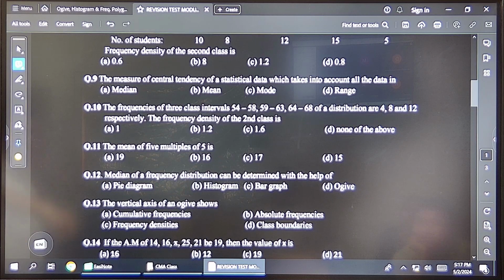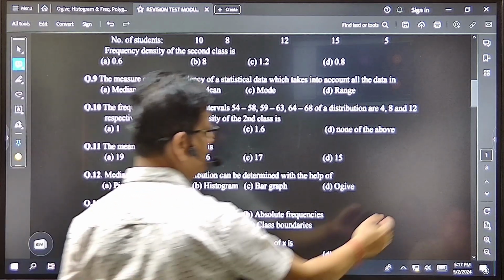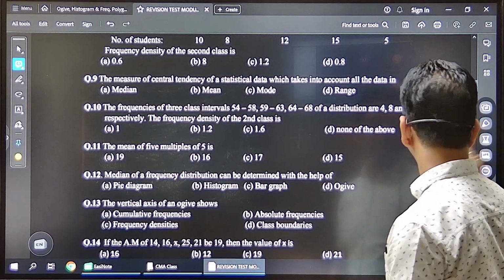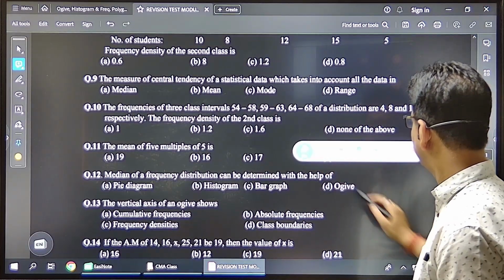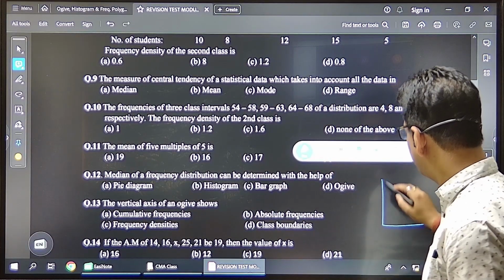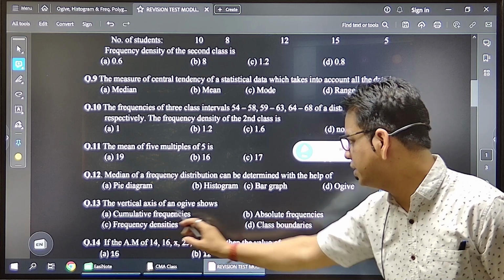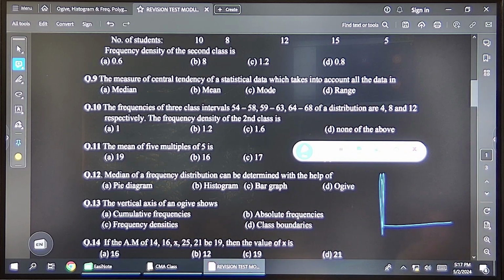Question 13. The vertical axis, vertical means this one. We have done the construction just now, so it was like that, vertical, horizontal. So this vertical axis in the OZ shows which one? Absolute frequency, frequency density, class boundary, or cumulative frequency?